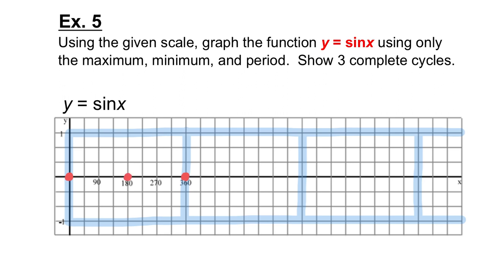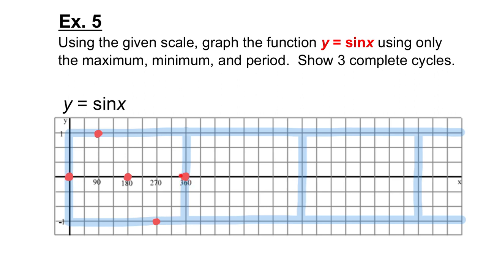Now I mentioned this earlier. I know I'm going to start here, but then I'm going to go up, then down, then back up again. So halfway between this point and this point, I'm going to be at my maximum. And halfway between this point and this point, I'm going to be at my minimum. So just to recap, for a sine curve, I know I'm going to start in the middle, then go up, down, and then back up to the same point.